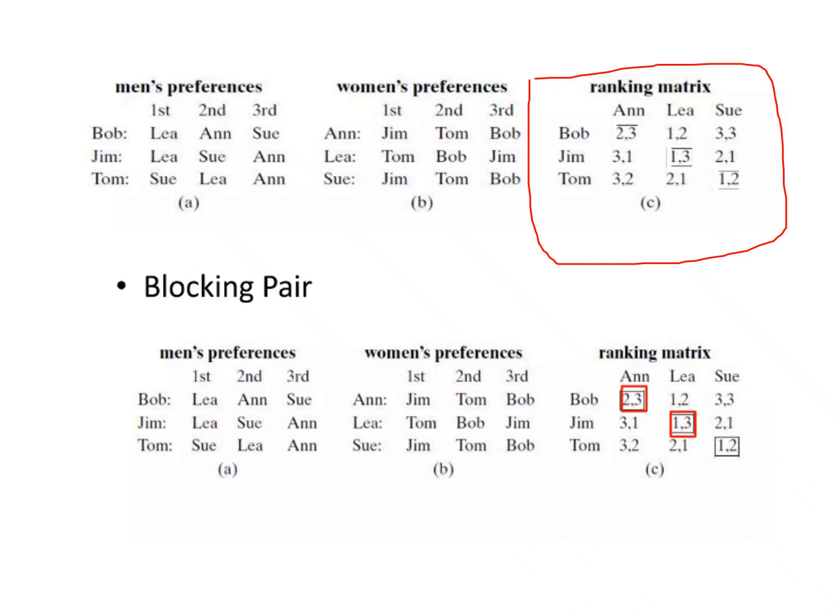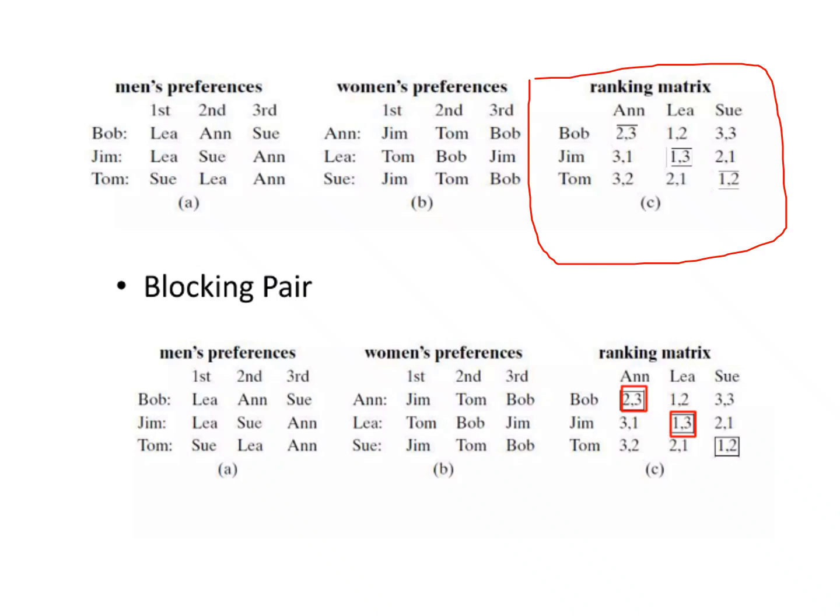And for Anne, Bob is the third preference, so 2 comma 3. Similarly, for Bob, Lea is the first preference, but for Lea, Bob is the second preference, so 1 comma 2. For Bob, Sue is the third preference, and for Sue also, Bob is the third, so 3 comma 3.